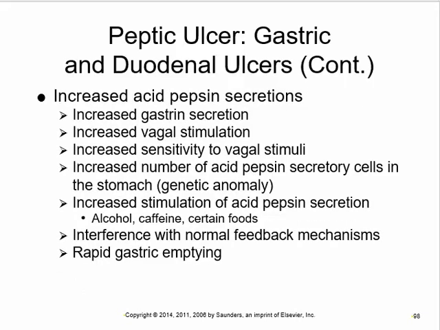So anything that increases the acid secretion, so too much gastrin, too much vagal stimulation. The vagus nerve is parasympathetic, so it causes secretions in the stomach. Increased sensitivity to that.